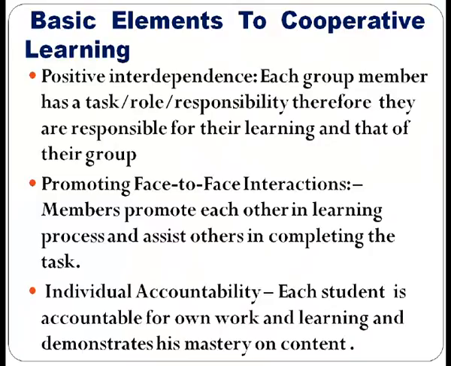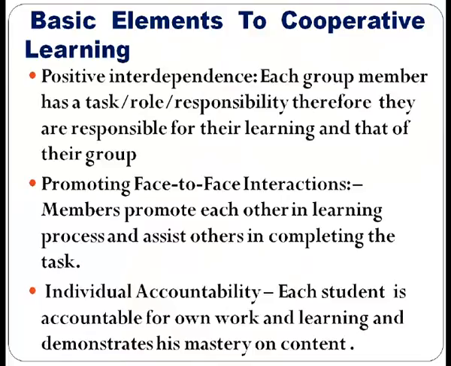It promotes face-to-face interaction. Members promote each other in the learning process and assist others in completing the task. Because when they are working in a group, it is the responsibility of all the members to cooperate in the learning process and assist others in completing the task, because this is a joint effort.